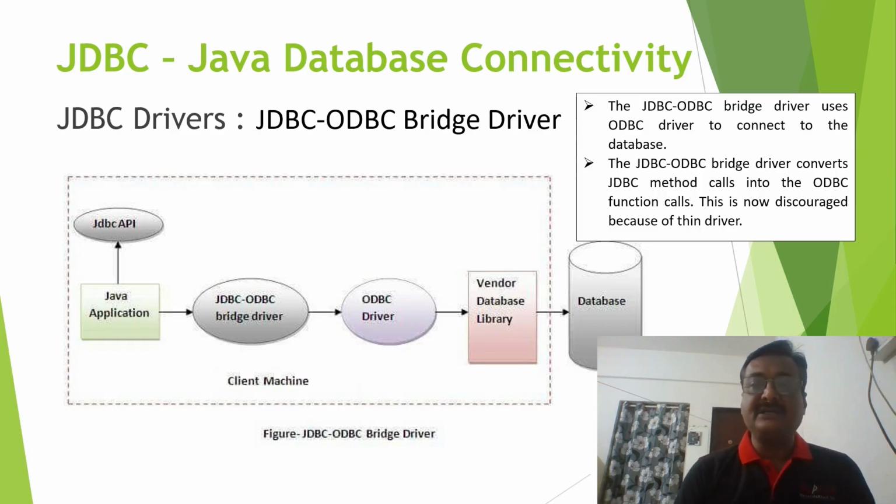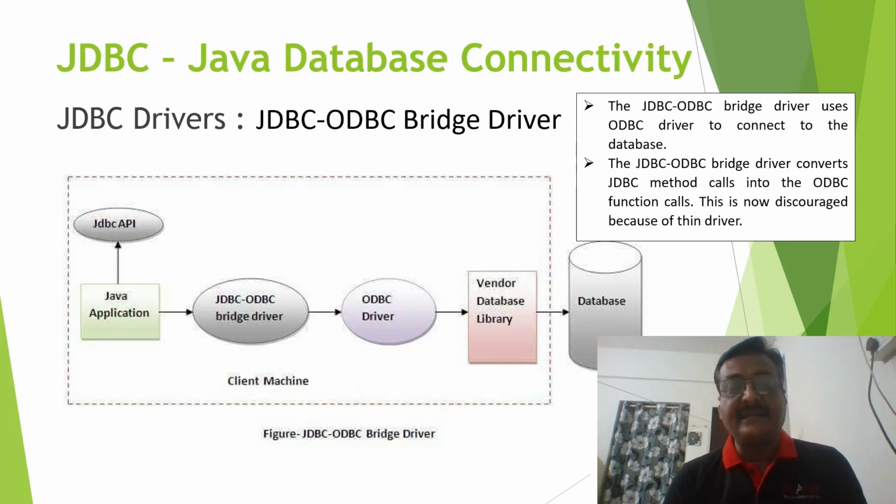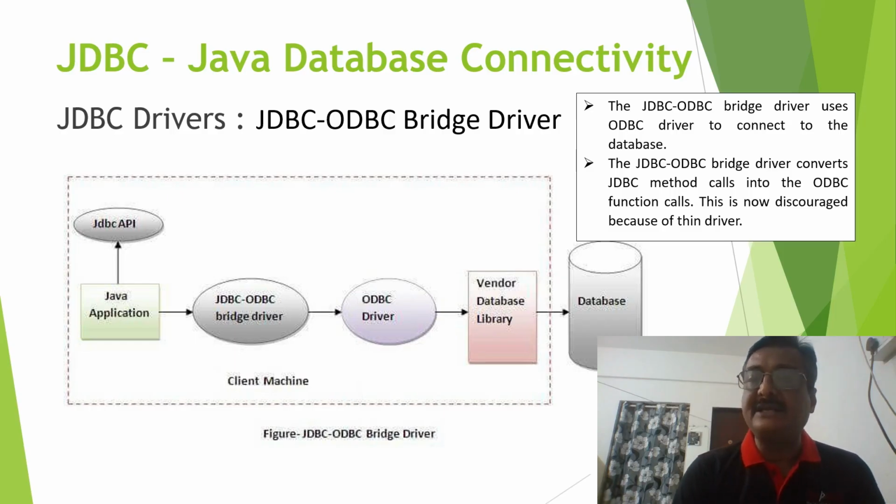Now let me try to understand the first driver type. The first driver type is the JDBC-ODBC bridge driver. Mainly this JDBC-ODBC bridge driver lies at the server side with the database. The main part of the JDBC-ODBC bridge driver is that we need to install the appropriate ODBC driver at the database side, and the JDBC-ODBC bridge for each type of database we need to install at the client machine.